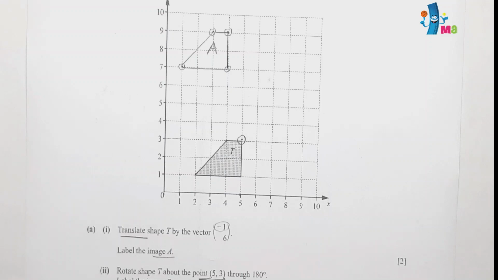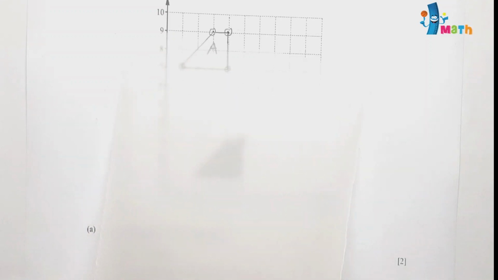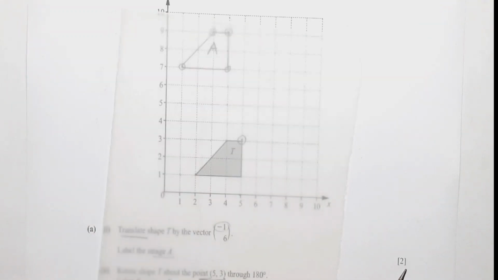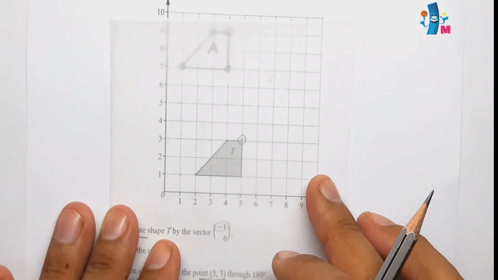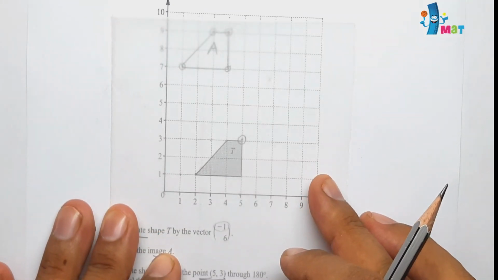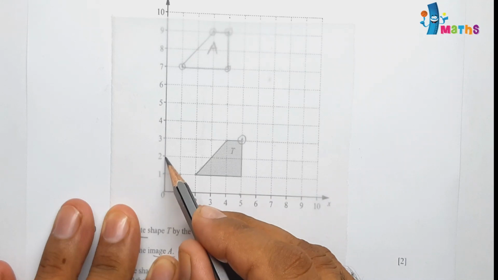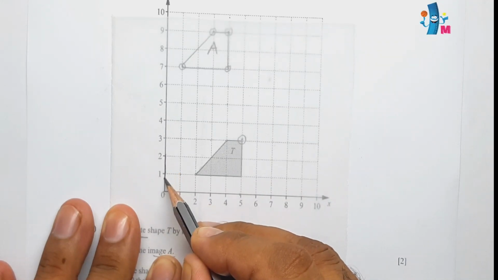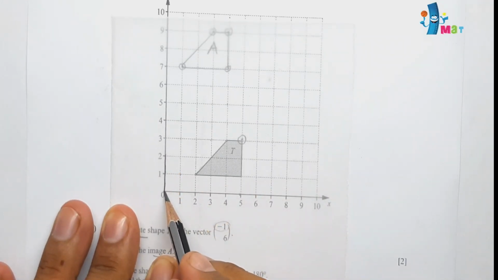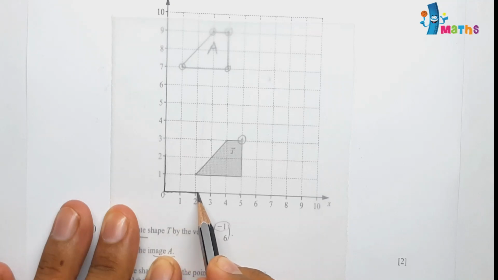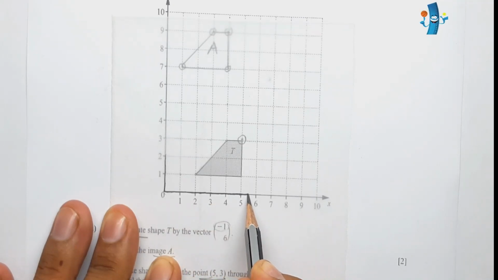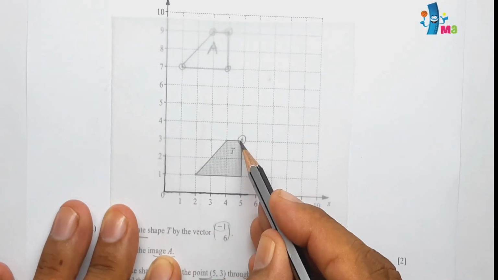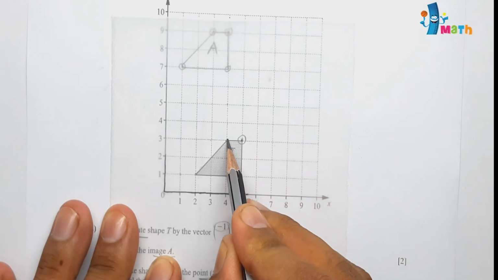For rotation, we'll be using the tracing paper, and we can rotate this shape. For rotation, we will draw the coordinate axis first. This is our coordinate axis, and then this is the point where we have to rotate.